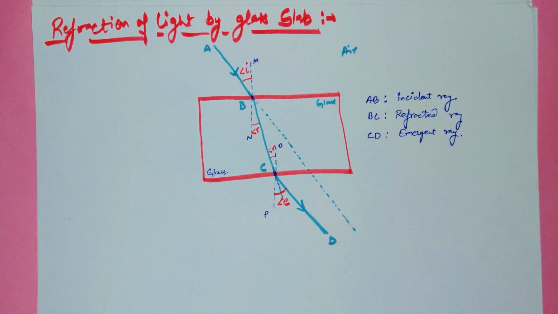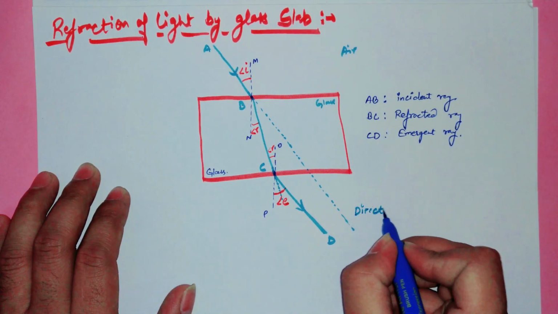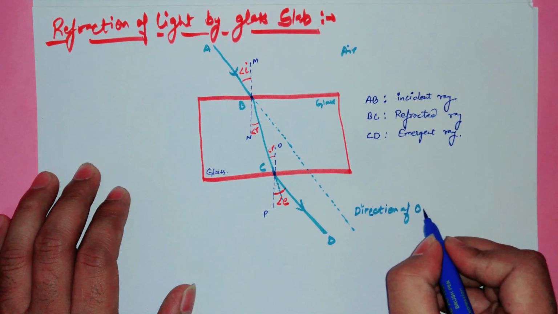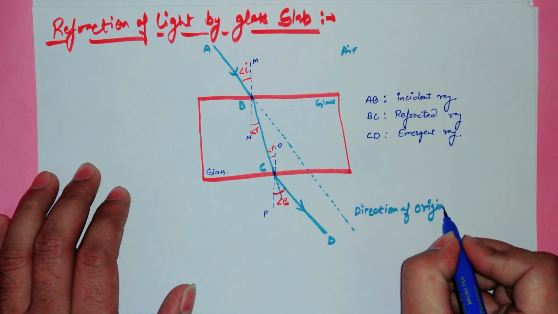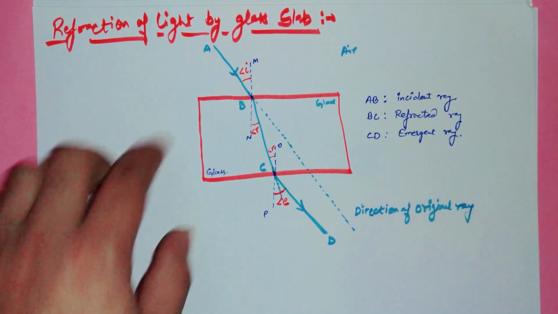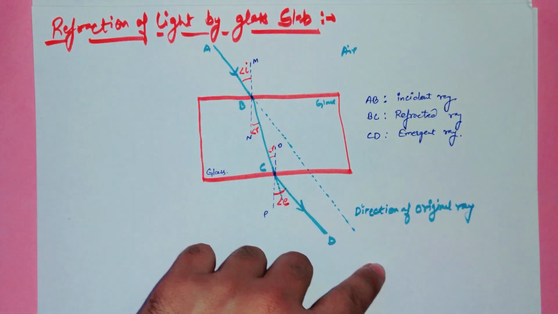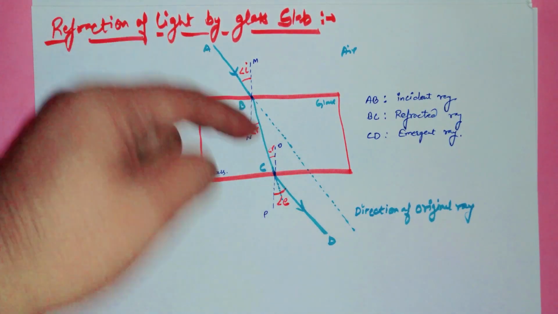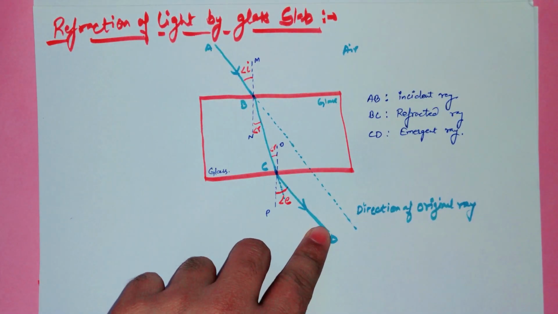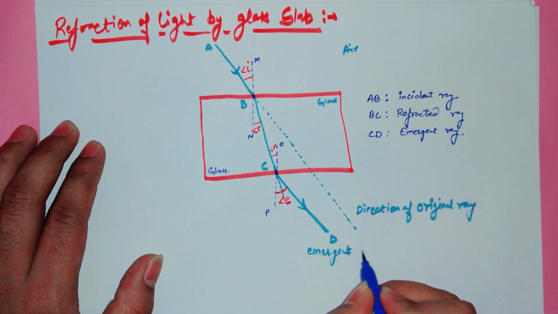This is the direction of the original ray. This is the original ray, and this is the direction of the original ray, from which direction it is pointed. And this is emergent ray.